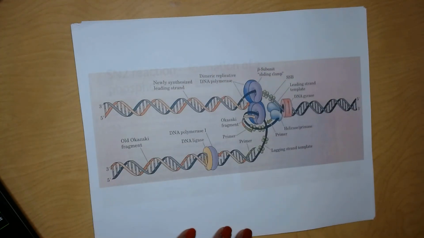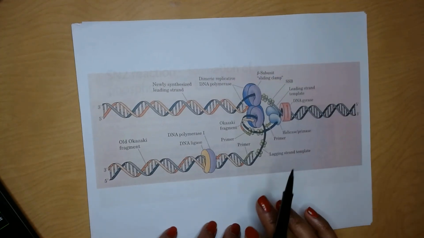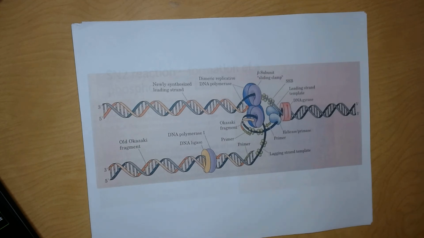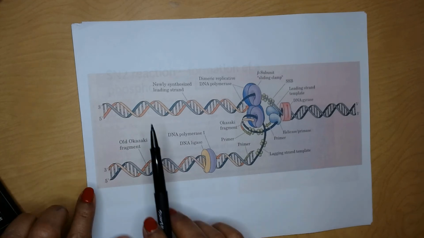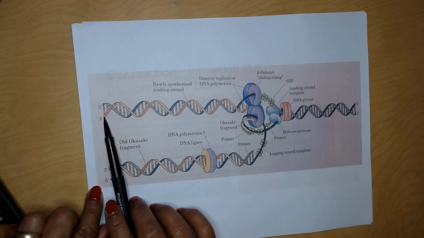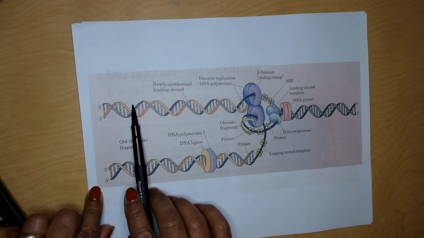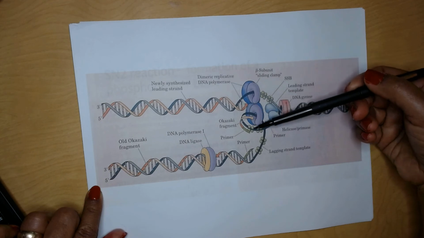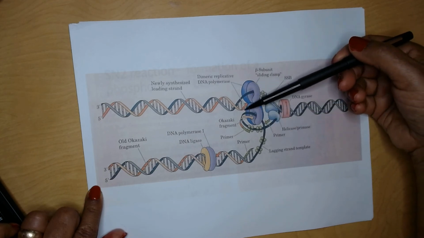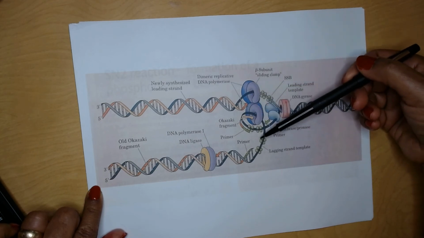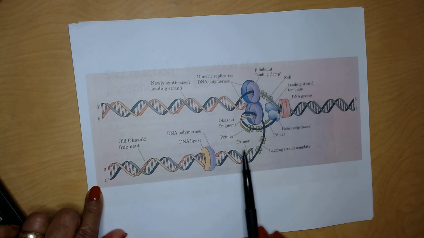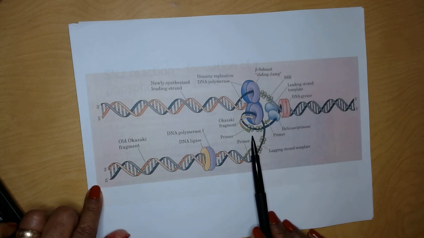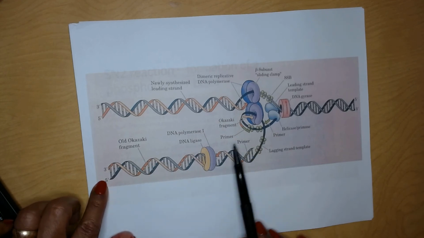I like this picture a lot better because it brings all of the different components that we will need. So we see that this one will be the leading strand. You see that it is made all continuously, with DNA polymerase wrapping both of the strands, but because one of them is going in the wrong direction, it's not going from 5' to 3'.